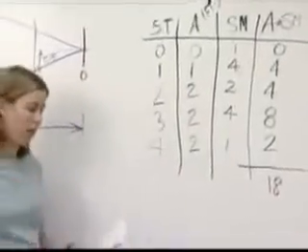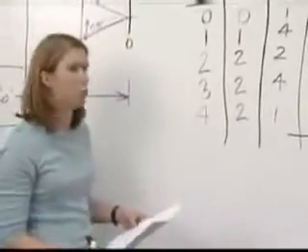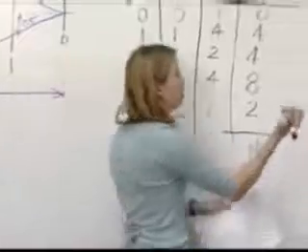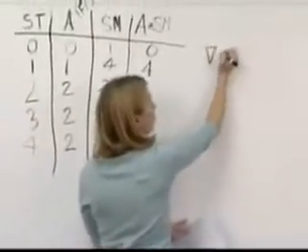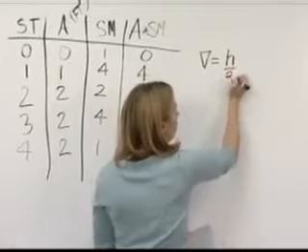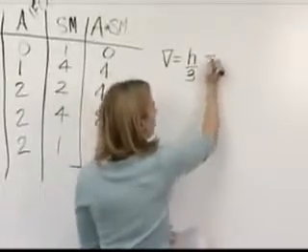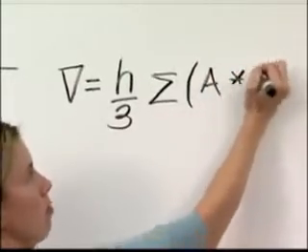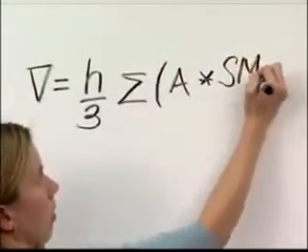Now we can plug that in to our Simpson's rule formula and calculate the volume. If you remember, Simpson's rule, if we simplify it, is the volume is h over 3 times the summation of the area times the Simpson's multiplier.